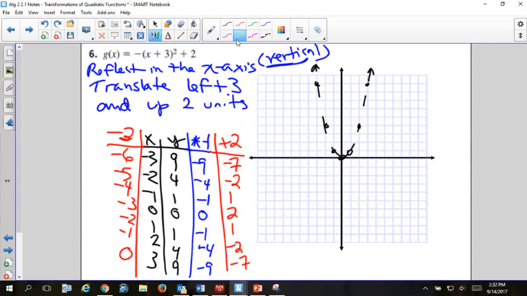And the y's are symmetrical, so they shouldn't take too long to do. You graph the most recent x and the most recent y.